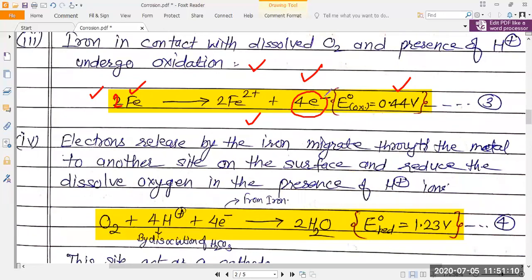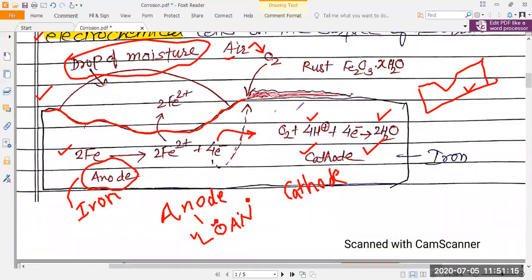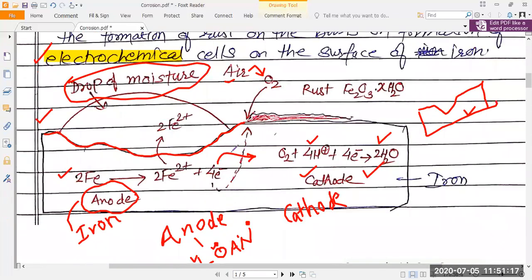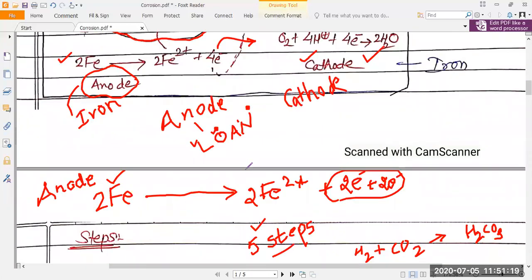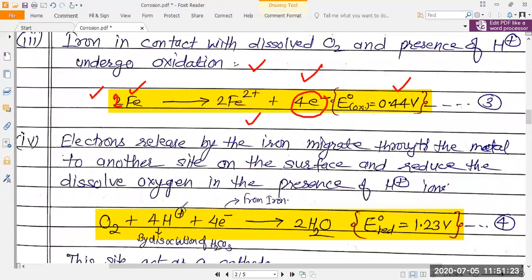Next, these electrons travel in the iron article itself. As we have discussed in this diagram, these four electrons travel in the iron article itself and come in contact with oxygen and also 4H plus. These 4H plus come from the dissociation of carbonic acid.